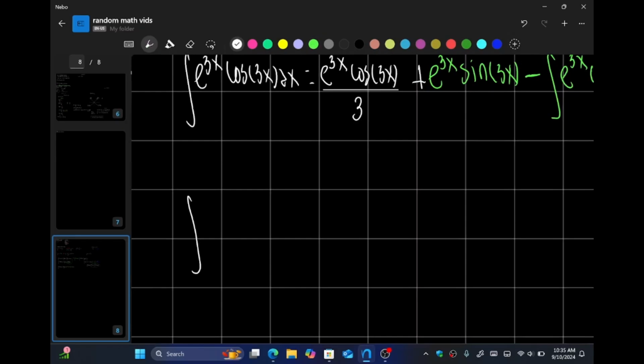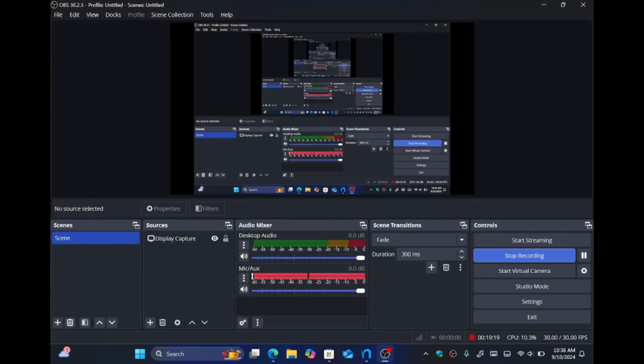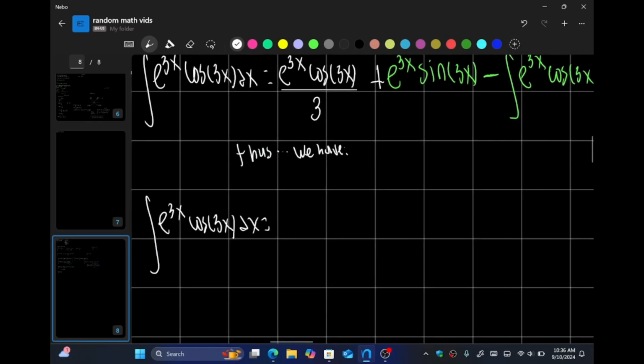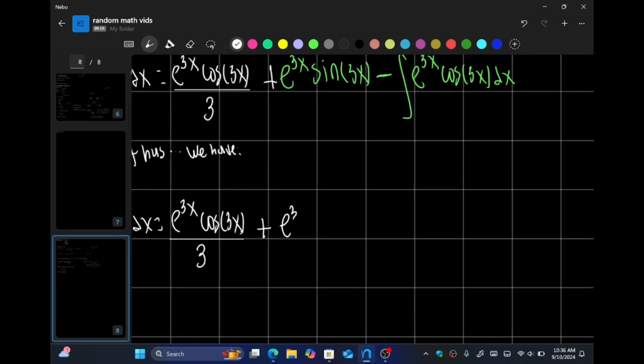So thus we have the integral of e to the 3x cosine of 3x dx is equal to e to the 3x cosine of 3x all over 3 plus e to the 3x sine of 3x.